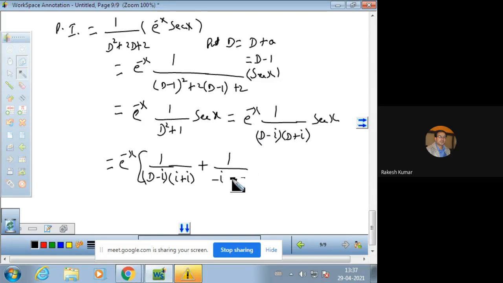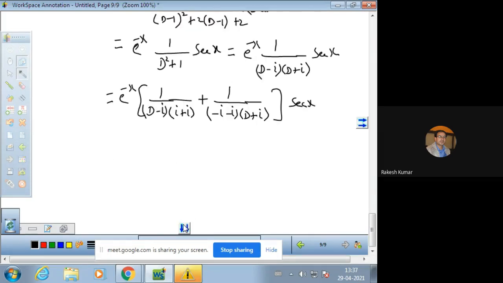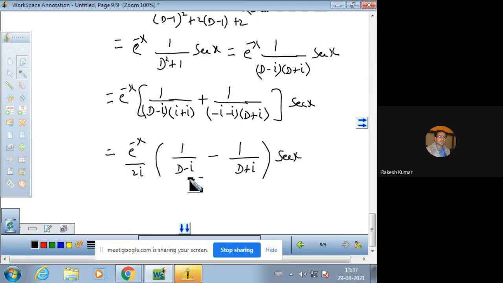So minus iota and D plus iota into secant of x. So now you will have e raised to power minus x over 2 iota, inside 1 over D minus iota minus 1 over D plus iota into secant of x. This is the term we are left with.